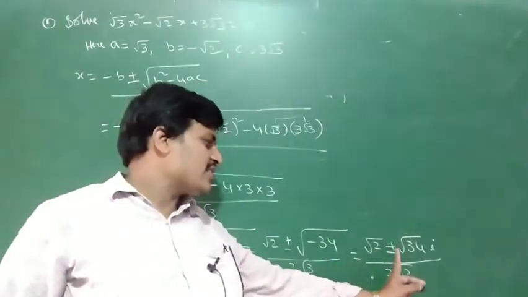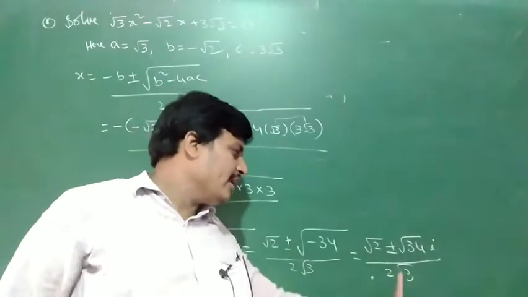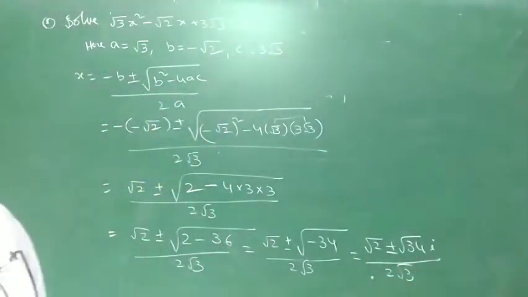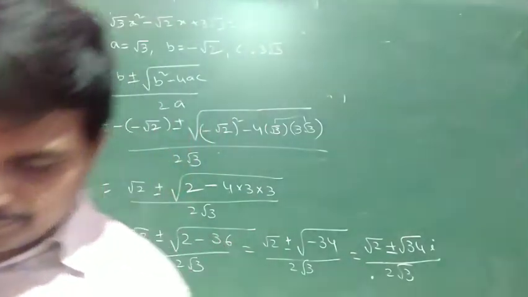So root 2 plus or minus root 34 i by 2 root 3. This is okay.